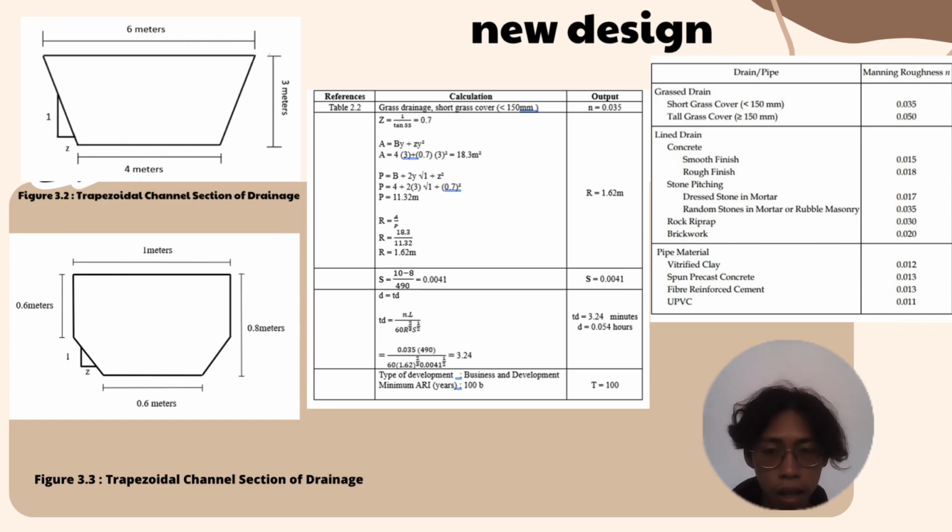After we got the S, we will continue to calculate the D. So D is equal to TD, which is the travel time in drain. After we got the TD, we got the T, which is 0.054 hours. After that, this is the type of development, business and development, so the ARI is equal to 100.